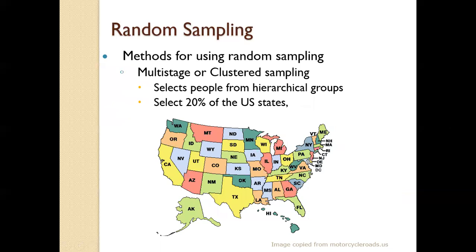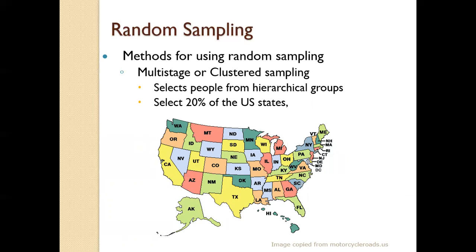Another method for using random sampling is multi-stage sampling, also known as clustered sampling. Your textbook for 6700 also refers to this as a type of clustered sampling.